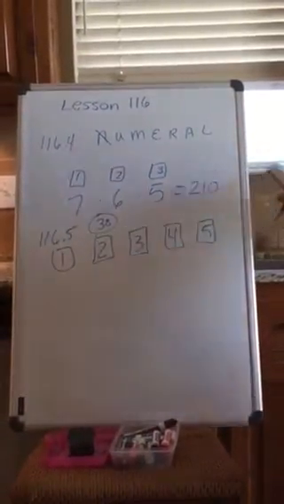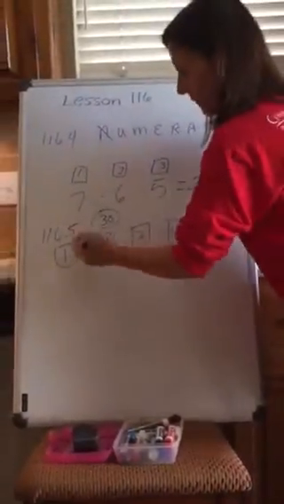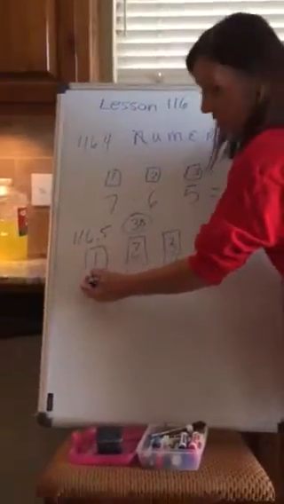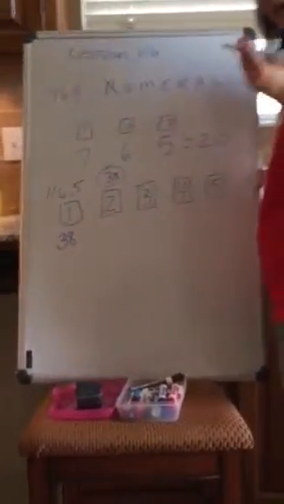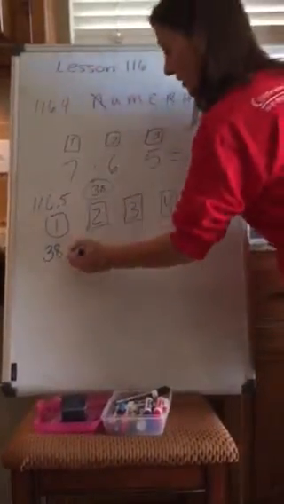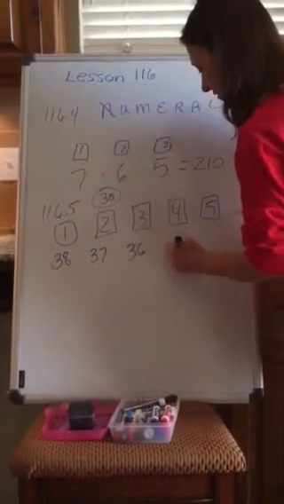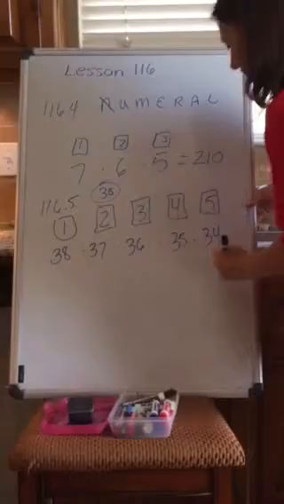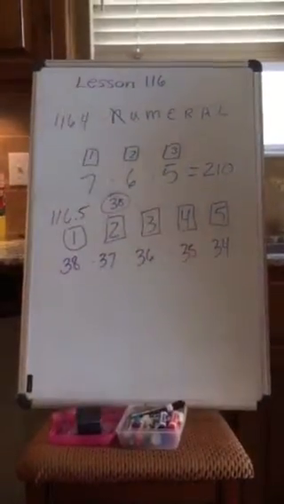How many arrangements are possible? Well, with her first choice, she has a pool of 38 items to choose from. Then after she's placed one, she now has 37, then 36, then 35, then 34. And that is a very big number, okay?